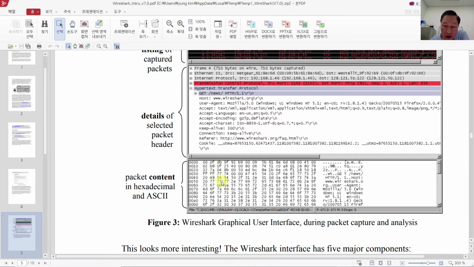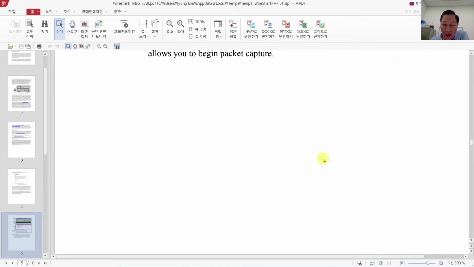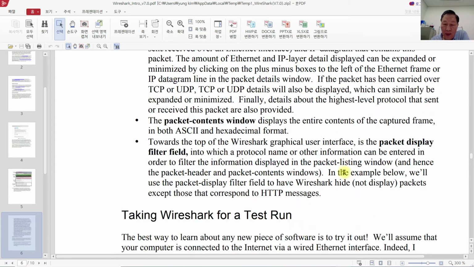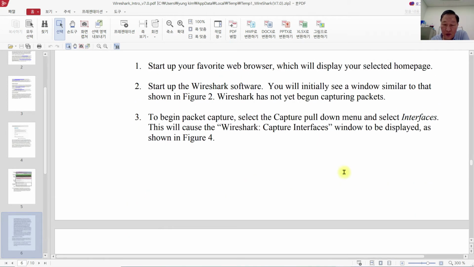This one is the binary format of these contents, exactly the same, but you cannot understand the binary format, so it is just for reference. This one is more readable about each packet.